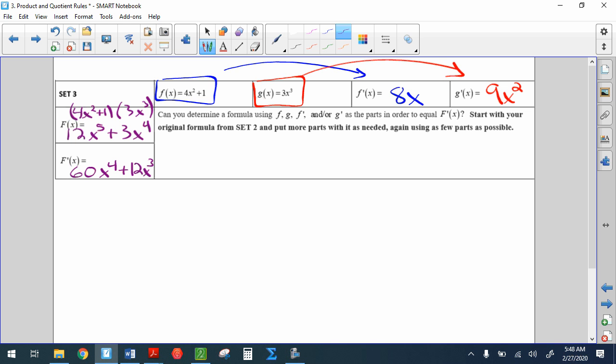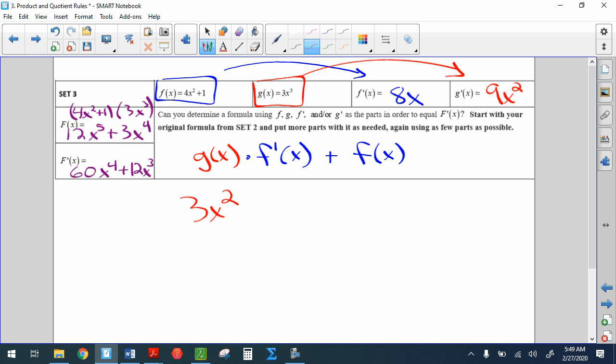All right, so starting with the previous formula, g of x times f prime of x plus f of x. So let's see what that gives me. So g of x was 3x squared. F prime of x was 8x.